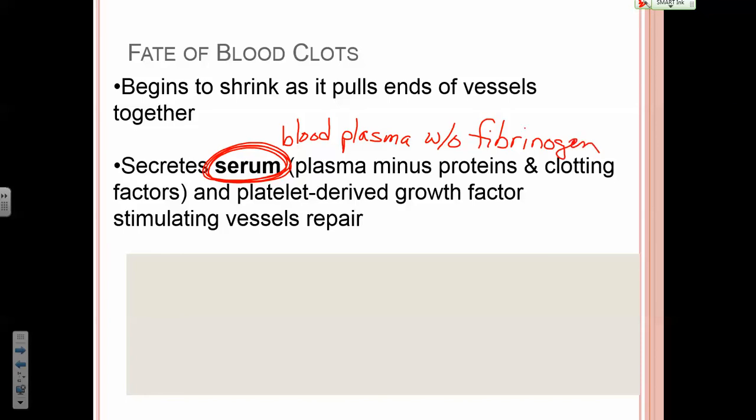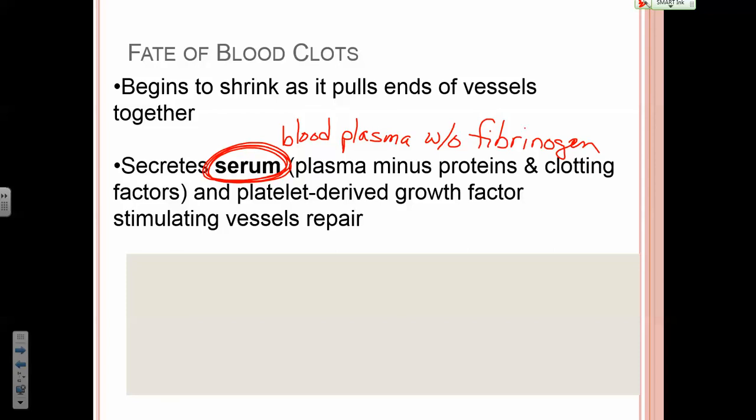So see how the fibrinogen was taken up in a blood clot because it was converted to fibrin? And so the rest, what remains in the blood plasma, is everything except that fibrinogen. So that's called blood serum. And in a lab setting, serum is used quite frequently as a dissolving medium for maybe some drugs.